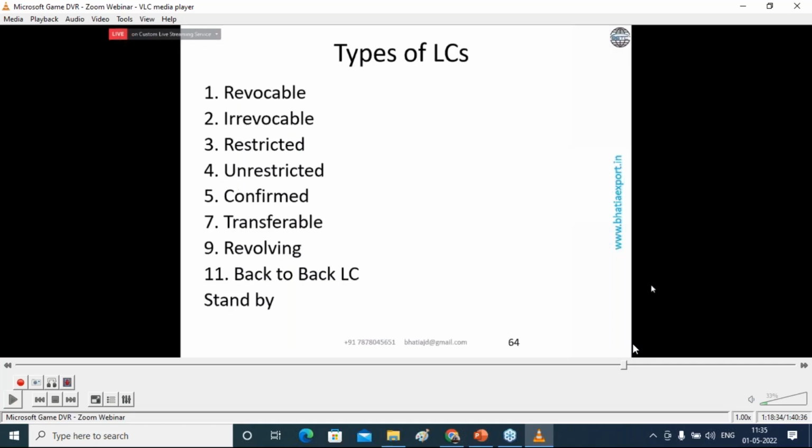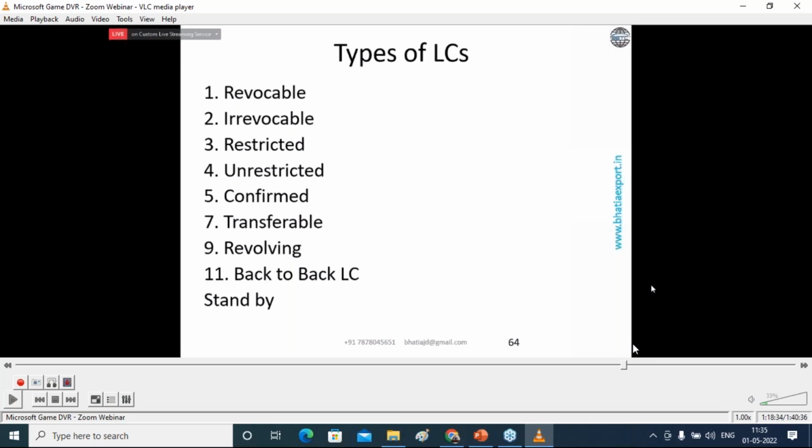For example, you have taken an LC for 10,000. One shipment is made for, say, 9,000. After that payment is made, the LC again restores to the original amount, that is 10,000. That is called a revolving LC. Revolving LCs are made for long-term contracts, meaning under the same LC you repeatedly want to make shipments.